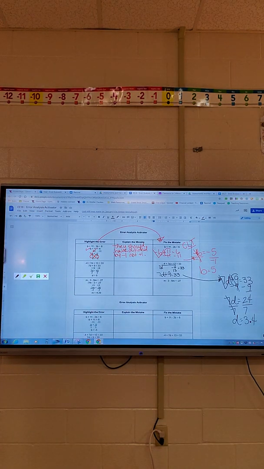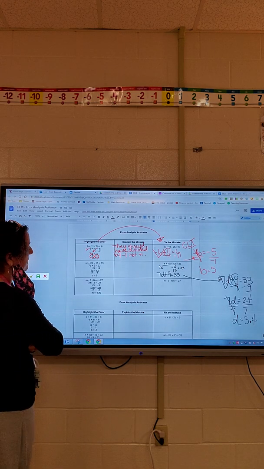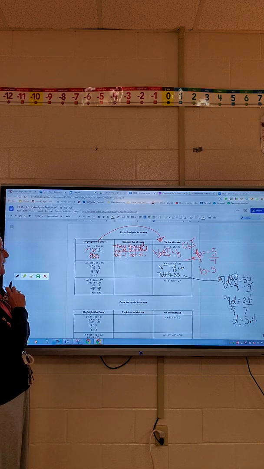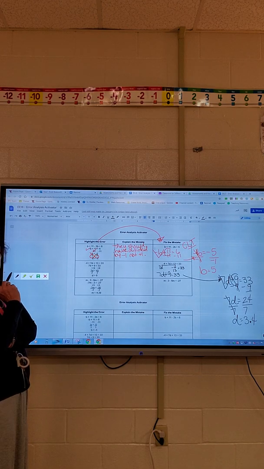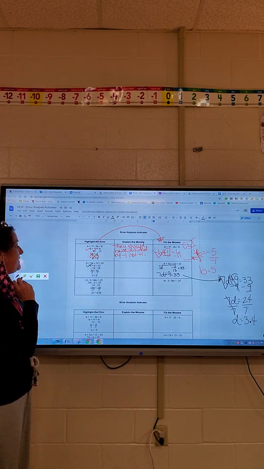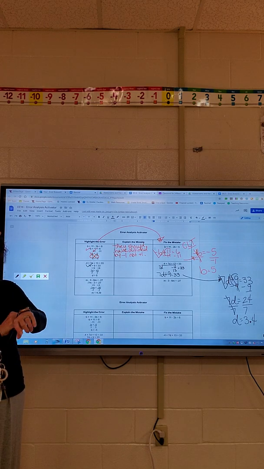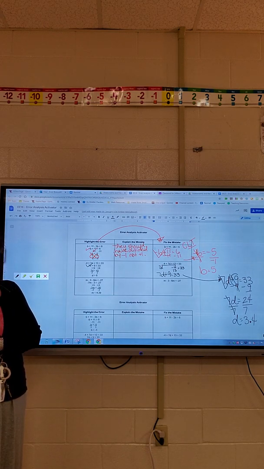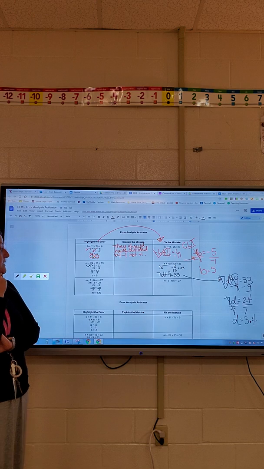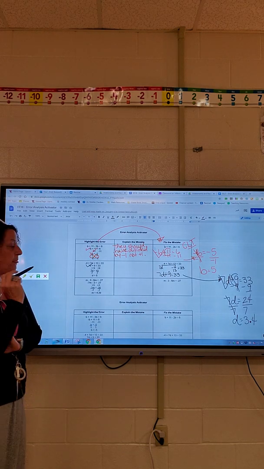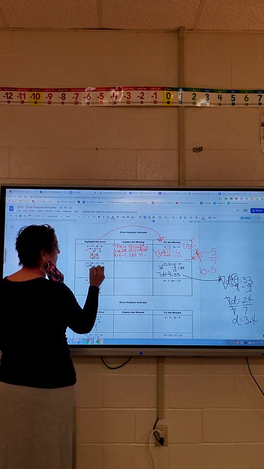So now, let's look at what they did. Did they combine like terms correctly? Yes. All right. What did we do after we combined like terms? We subtracted 9, and what did they do? They added 9. Okay, so circle the mistake.